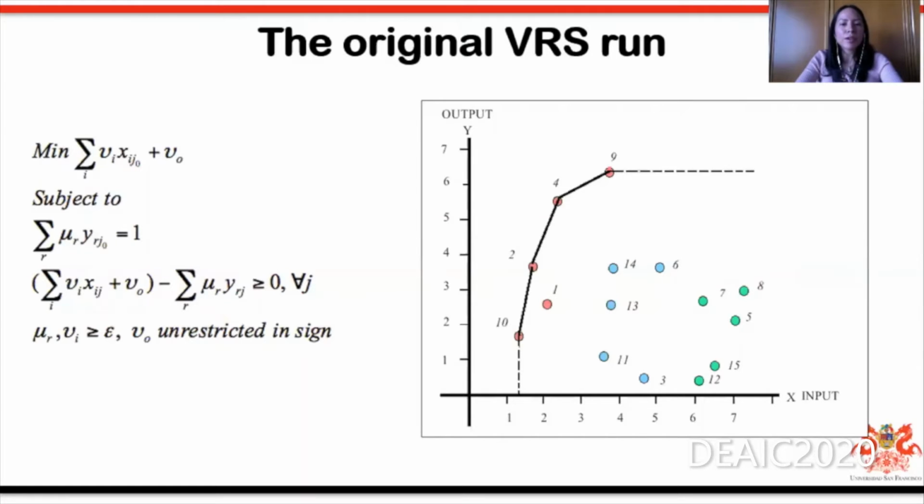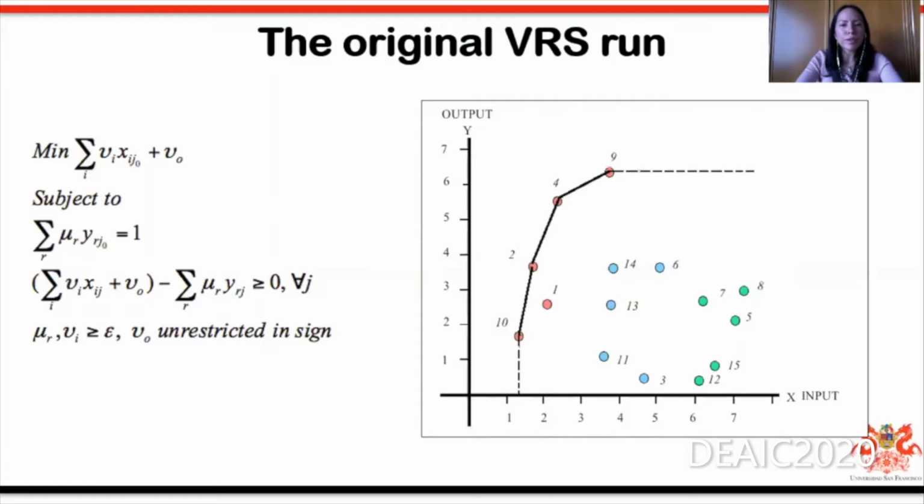Furthermore, since we are using the output orientation, it is easy to recognize that there are some DMUs that use much more inputs to produce a given level of output than is true of other DMUs. This leads to the idea that there are some advantaged and some disadvantaged groups of DMUs.